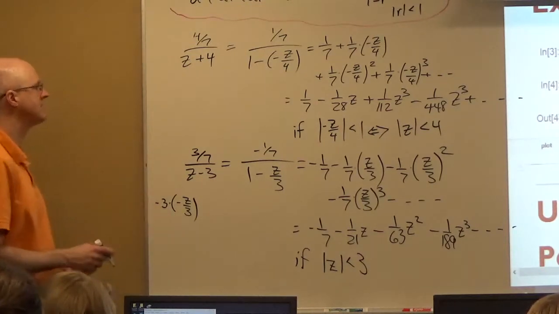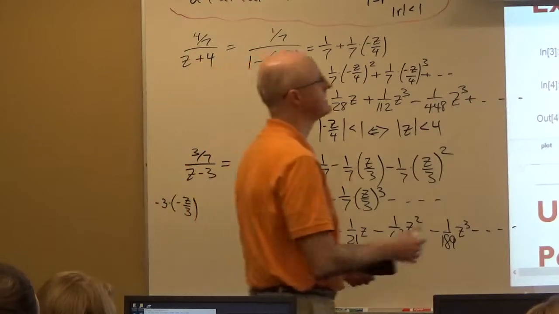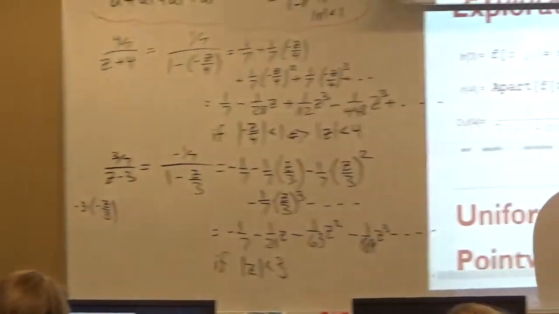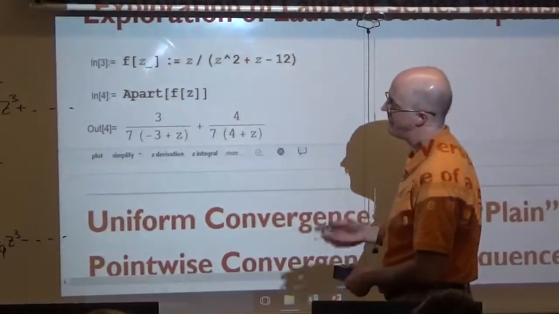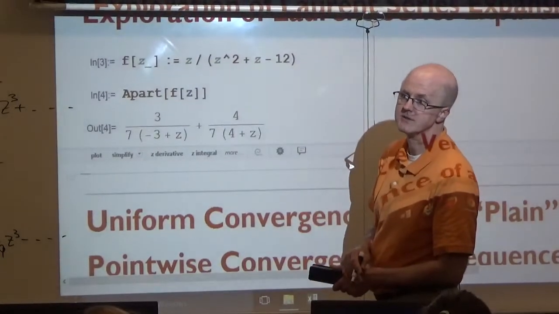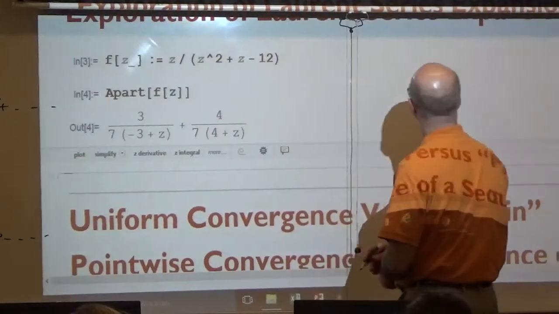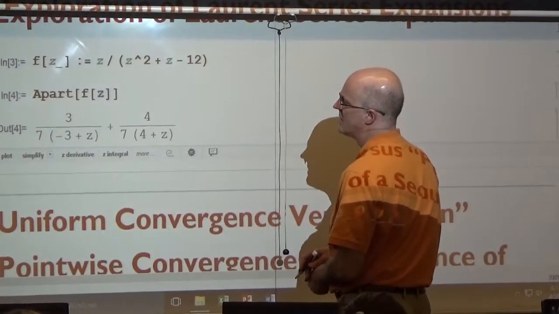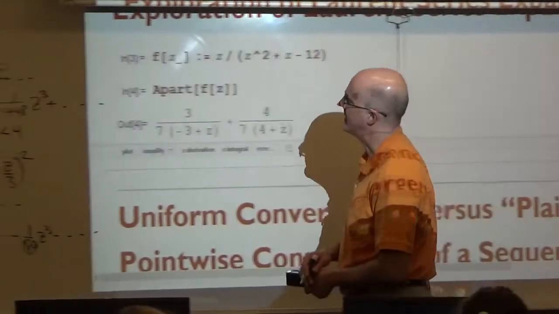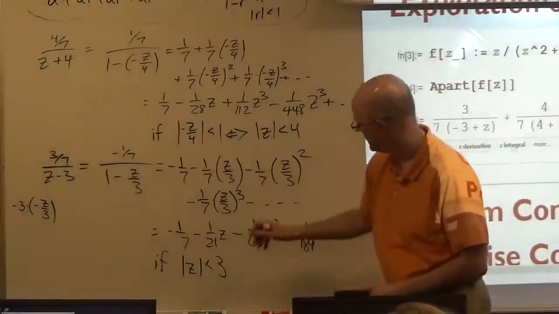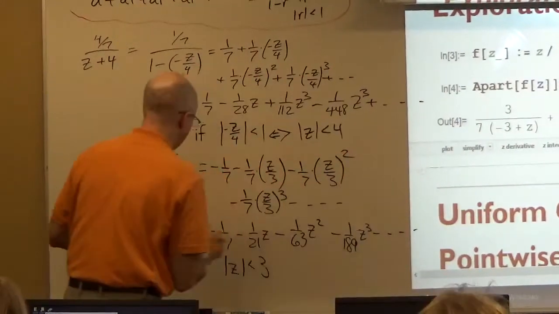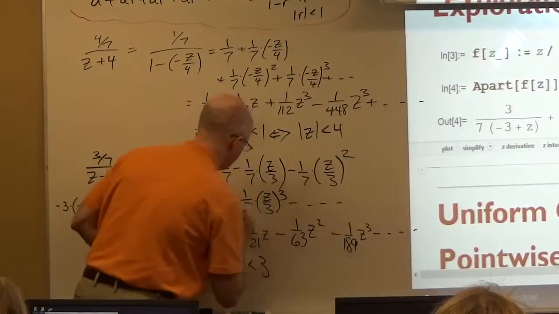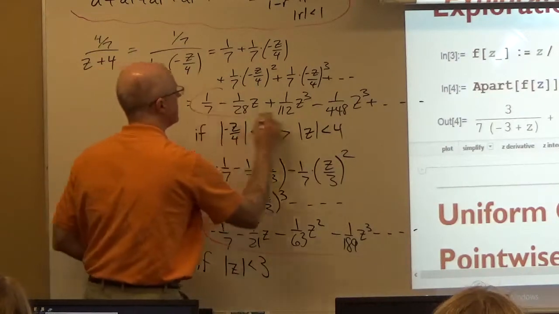Now combine these two series to get the series for the original function that will be valid on the smaller domain, which is where the modulus of z is less than 3. The intersection of the two domains. So let's see. Add these. I'm looking here and here.